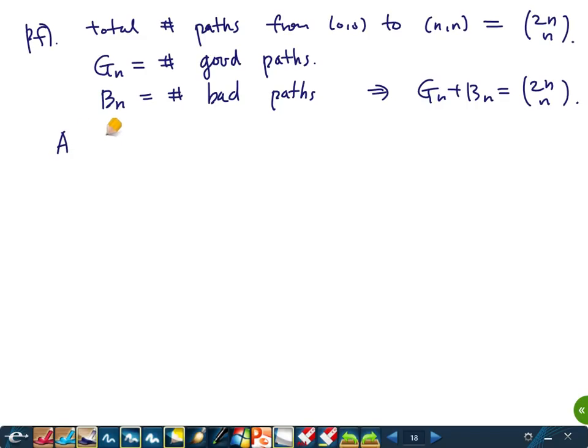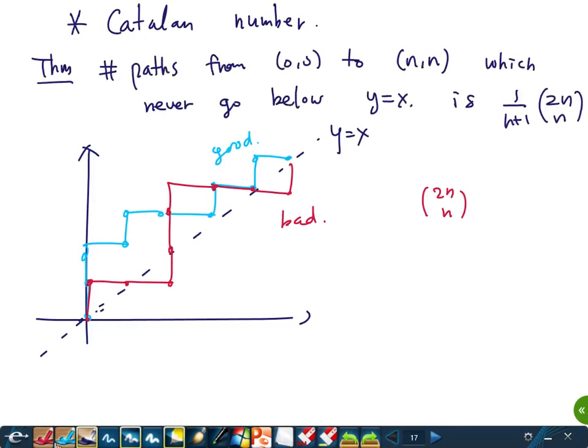There is an interesting argument to compute Bn, and you can have this observation: a bad path always touches the line y equals x minus 1. Let's go back to here. This line is y equals x, and this line is y equals x minus 1. As you can see, it touches here.